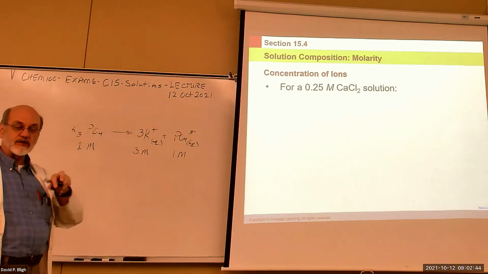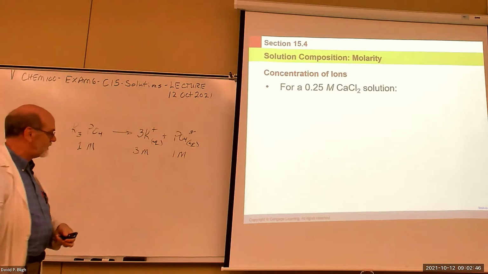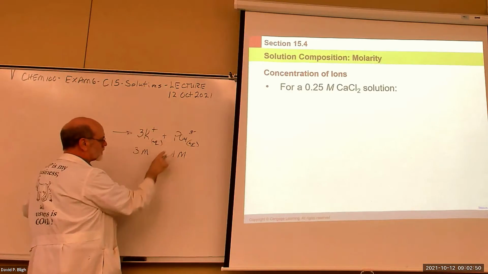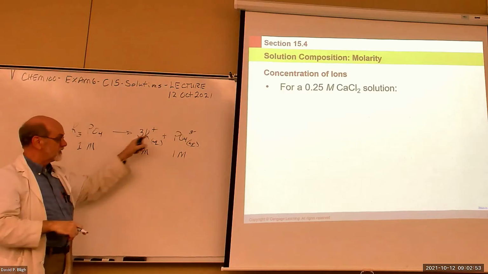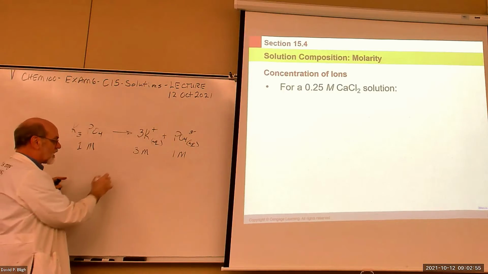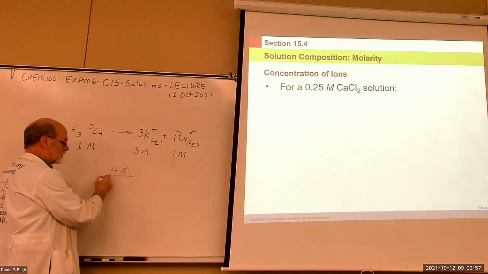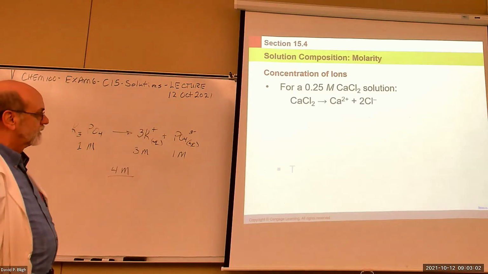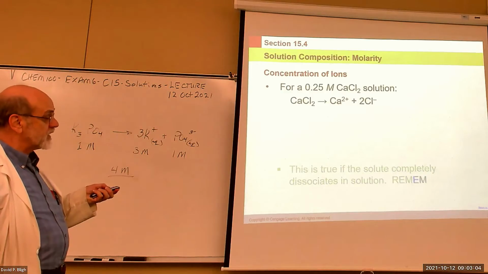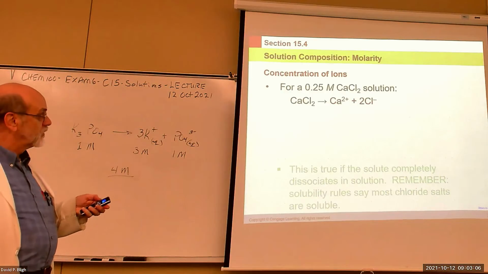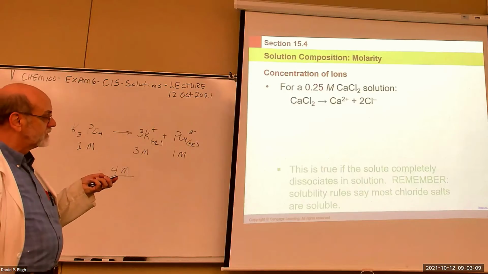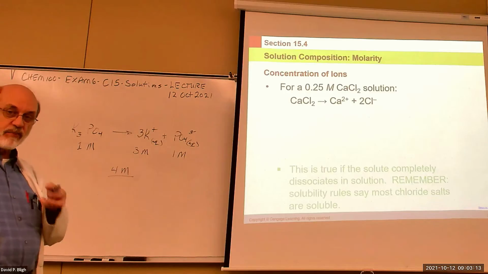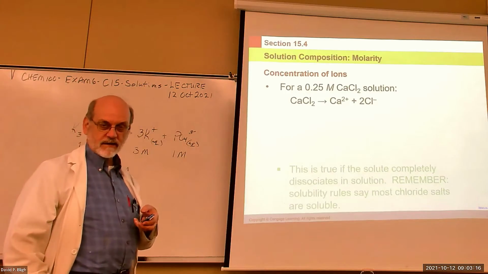What's the concentration of total ions? 1 molar of this gives you 3 plus 1 is 4 moles of these ions. So the ionic concentration is 4 molar. That's what this slide is about. Okay. Calcium chloride dissociates into 1 calcium and 2 chlorides, which means for 0.25, you've got 0.25 molar of calcium ions, but you got 0.5 molar of chloride ions.